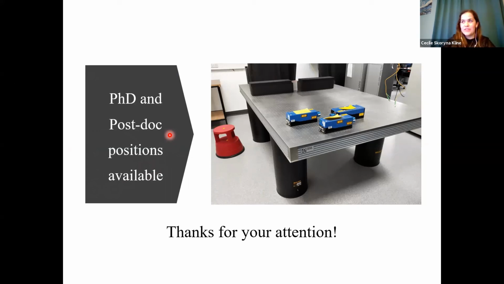Actually, one question that has just come in is if you could comment a bit more on the reasons of using that specific defect system as a quantum memory. Yes.